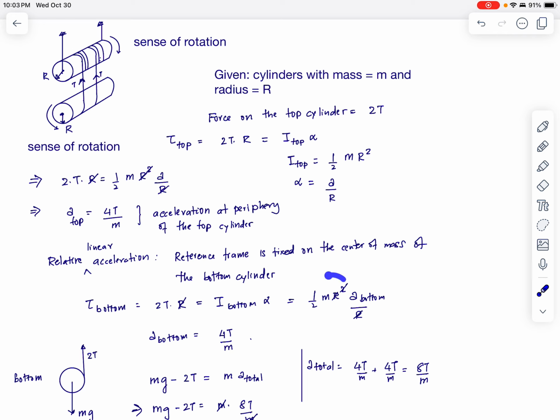The moment of inertia is the same, and alpha is the relative linear acceleration in this frame divided by r. And so we come up with the very same expression.